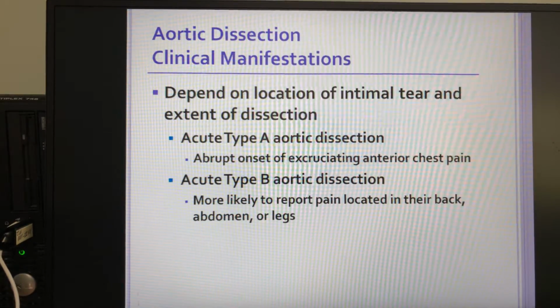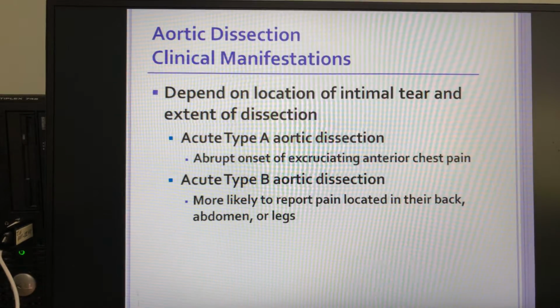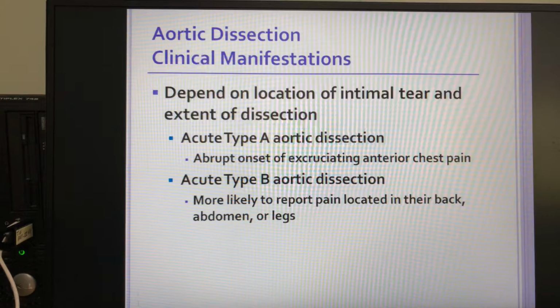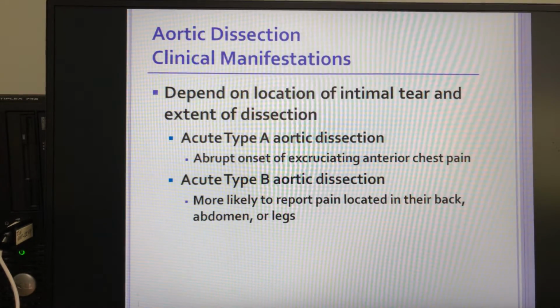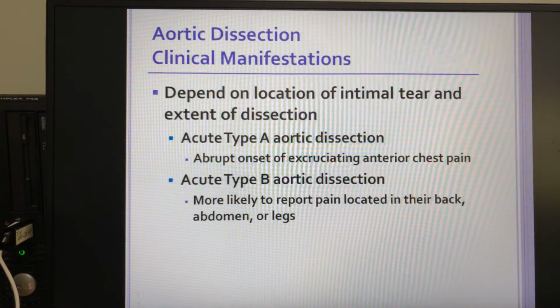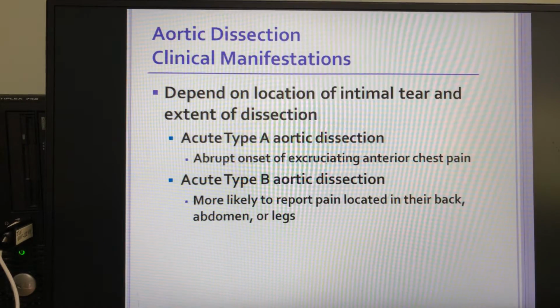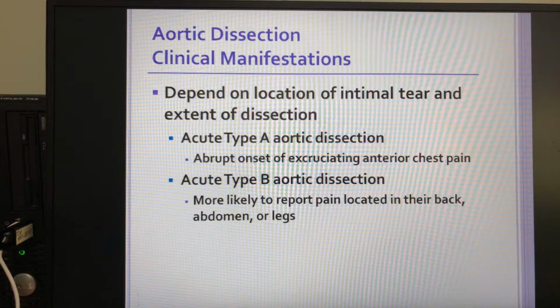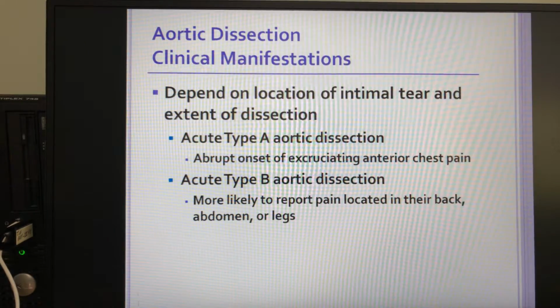And in the acute type B aortic dissection, it's most likely to report pain located in the back, abdomen, or leg. The pain is frequently described as sharp and the worst pain ever, or as a tearing, ripping, or stabbing type pain, which is some of the terminology that's used to describe the pain.